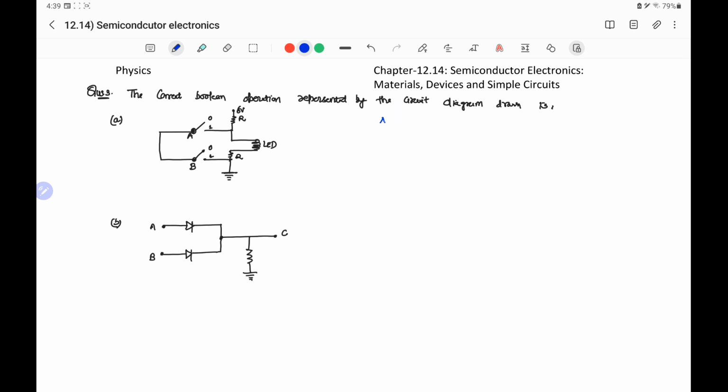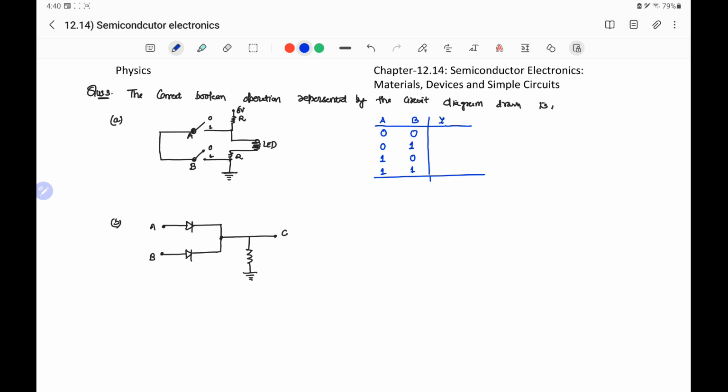So for the two switches A and B, there are four states: 0 0 when both switches are open, 0 1 when switch A is open and switch B is closed. In the third situation, A is closed and B is open, and in the fourth case, both A and B are closed.